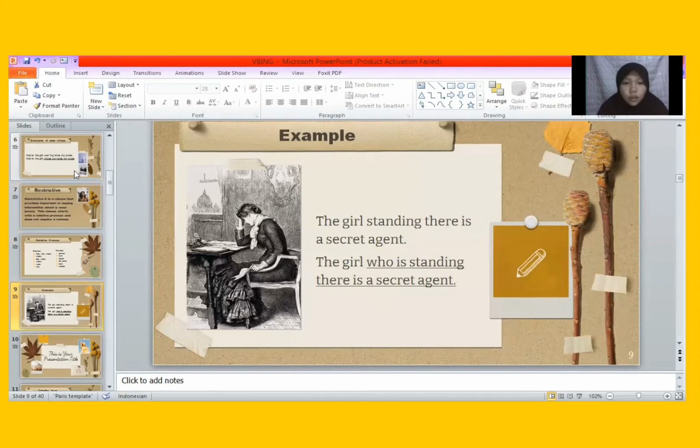Example, the girl standing there is a secret agent. The girl who is standing there is a secret agent. The girl is a woman, and the plus who.